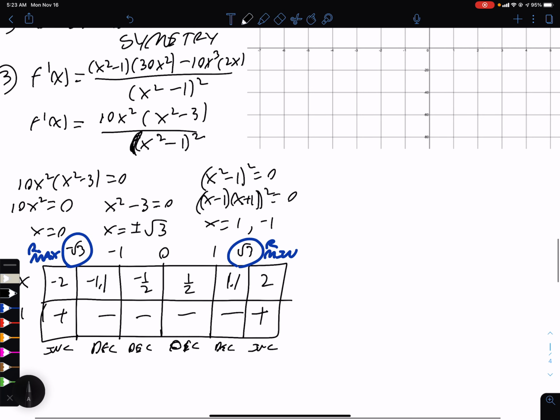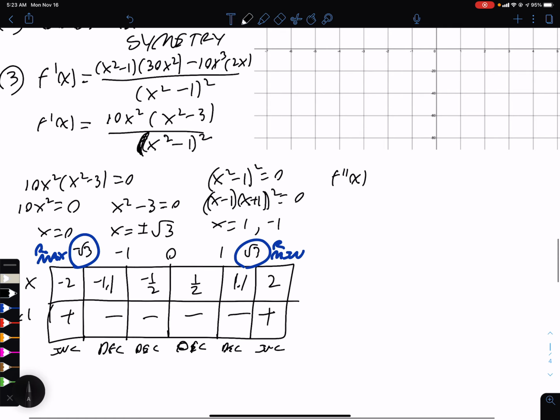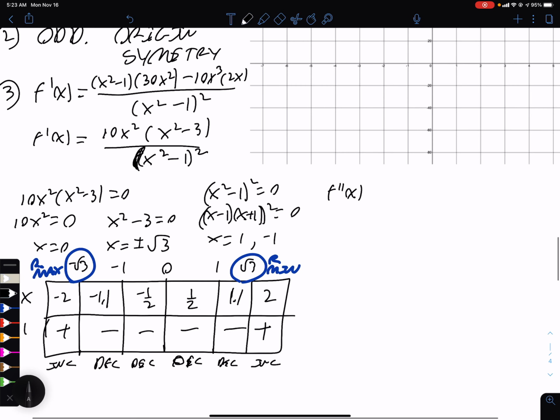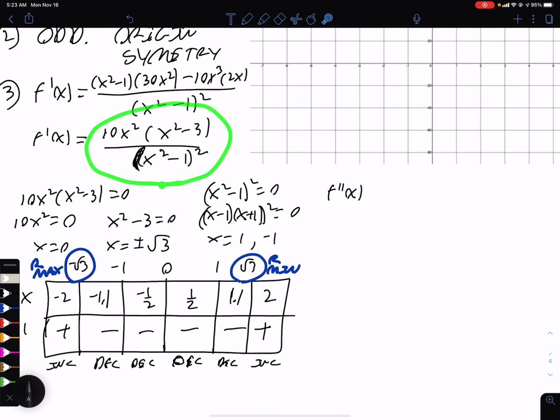Now, second derivative, we need to find that. We would actually do our quotient rule there. Low D high minus high D low over low squared. That's going to be a lot of work.